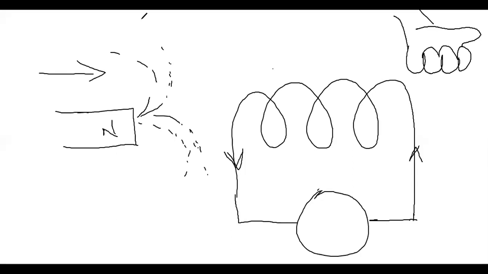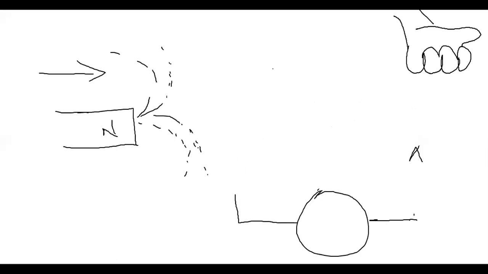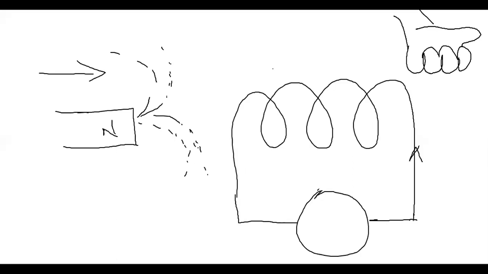So if current flows in here, that means your galvanometer is going to read which direction? To your left or to your right? This is your right here, and this is your left here. Which do you think it's going to be? To your right.